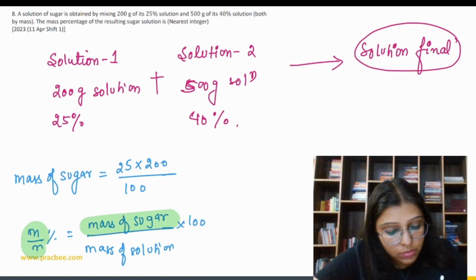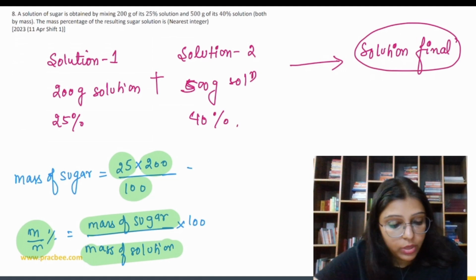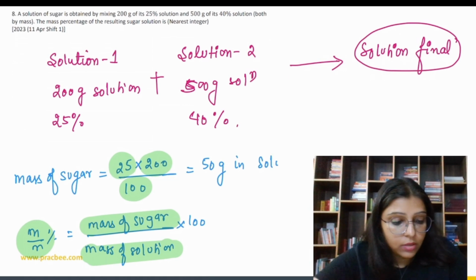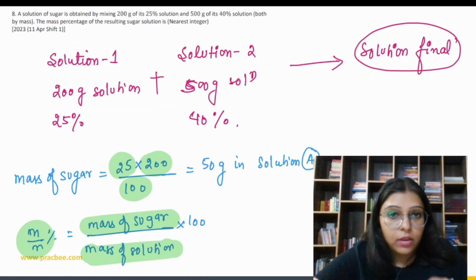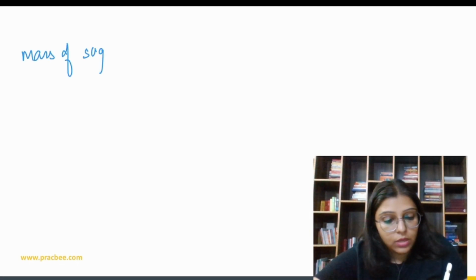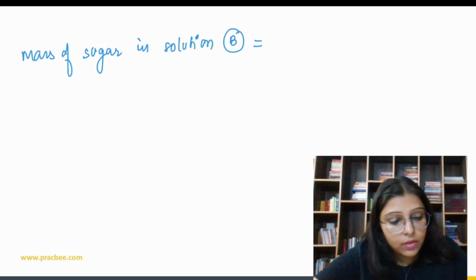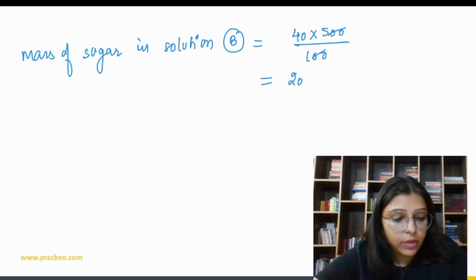So mass by mass percentage, which is 25, into mass of solution, which is 200, divided by 100, is going to be 50 gram in solution A. Now mass of sugar in solution B is equal to 40 into 500 upon 100, which is equal to 200 gram.